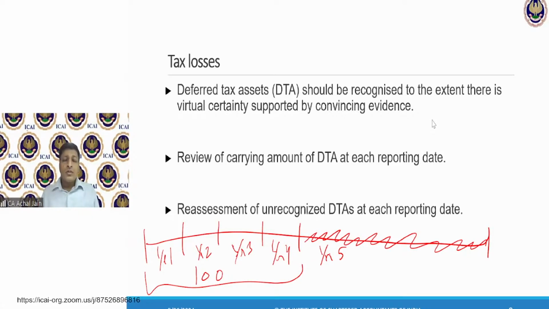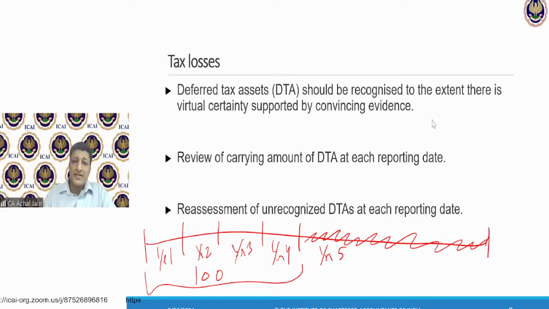So this tax loss is again a timing difference, because the definition of timing difference is something which originates in one year but gets reversed in a future period. So tax loss is a similar item.